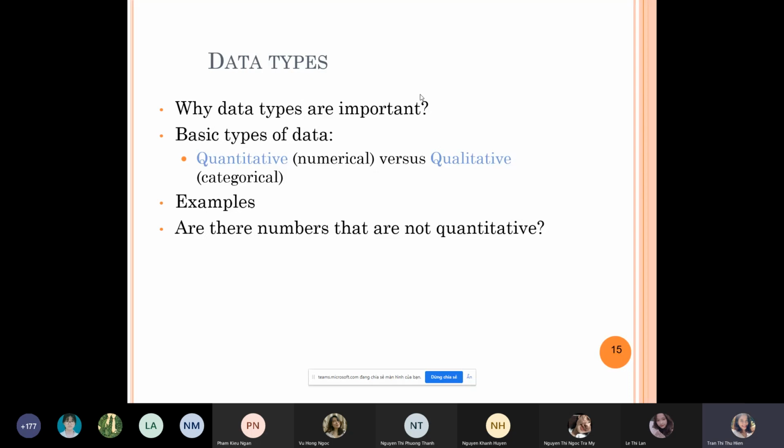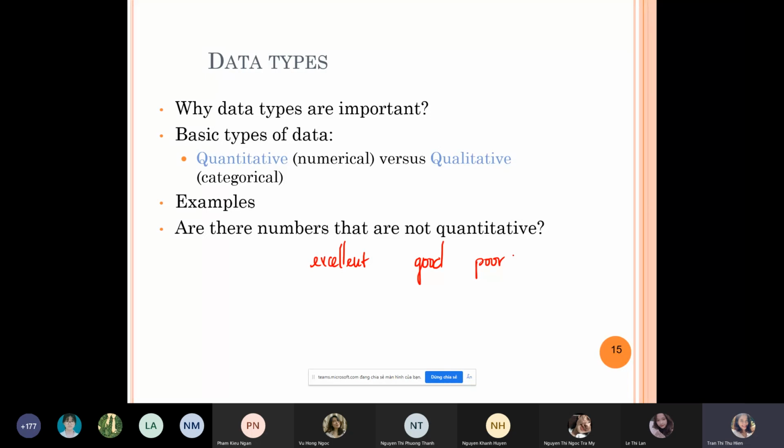So when a customer provides a repair service rating, we have three options: excellent, good, or poor.